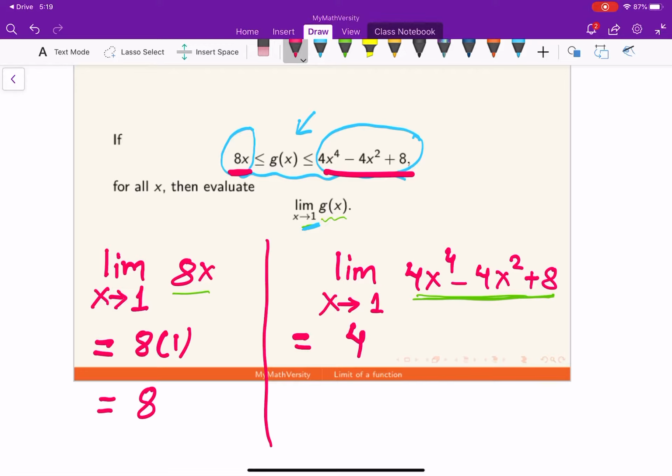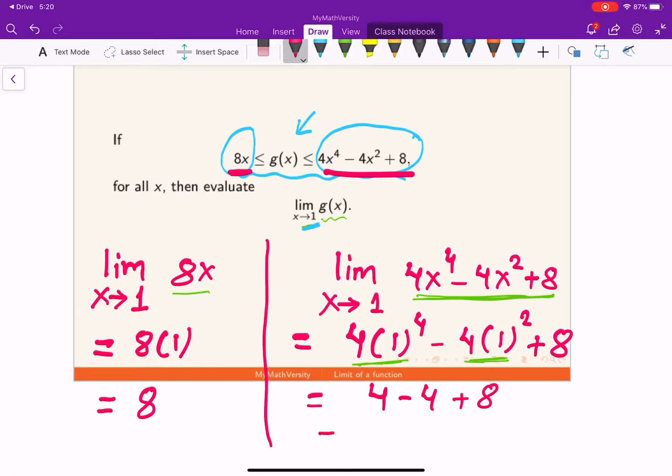So 4 times 1 to the power 4, minus 4 times 1 squared, plus 8. And what do we get here? 1 to the power 4 is 1, times 4 is 4. 1 squared is 1, times 4 is 4. So positive 4 minus 4 is 0, and 0 plus 8 is 8.